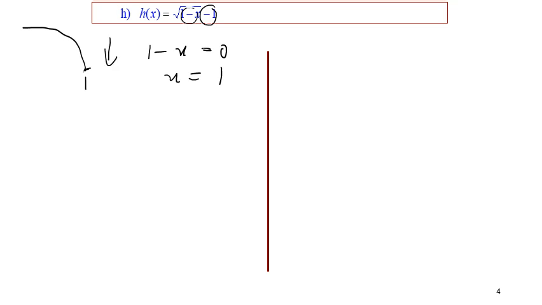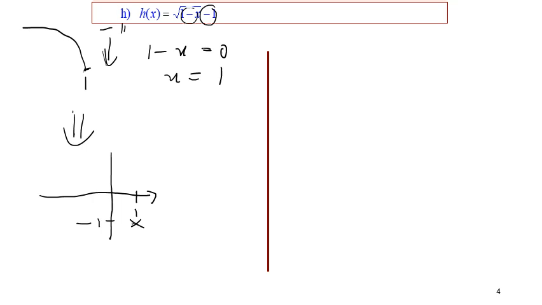So the graph will shift below by 1. So our graph, below, is our new graph. Right? So here 1 and here negative 1. So our graph will start right here.